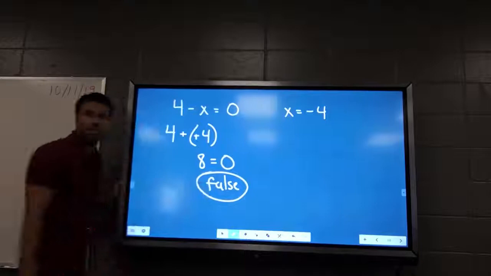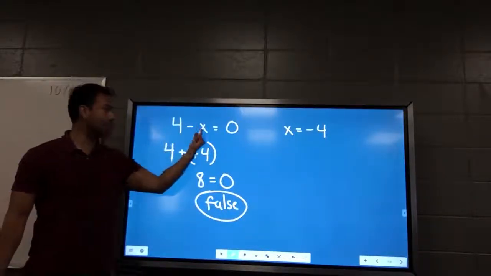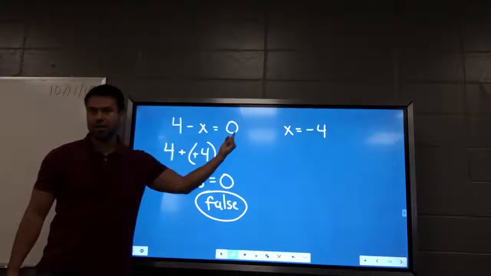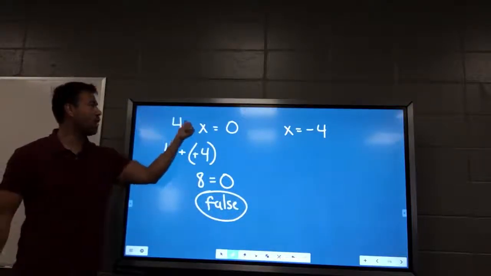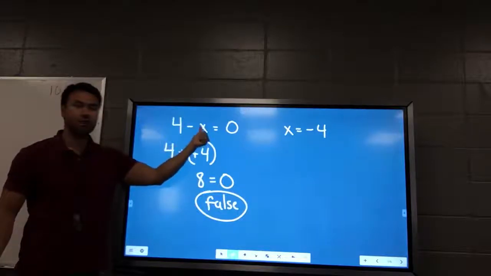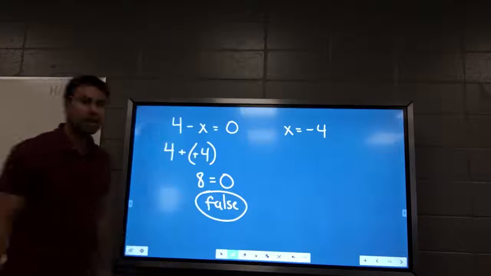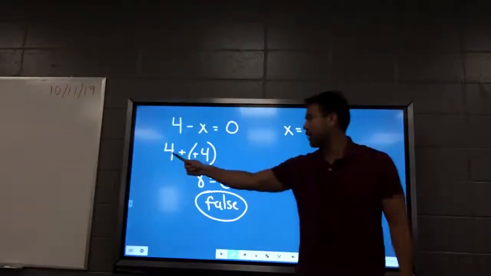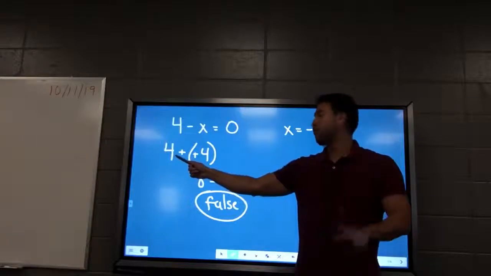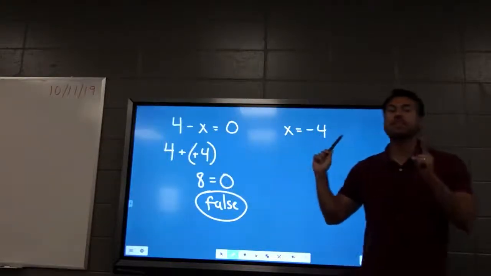And if anyone wants to argue that 4 minus negative 4 equals 0, we could do that all day. But it's not. 4 minus negative 4 is 8. And 8 does not equal 0. That's false. How many of you got false? How many of you were careful not to put 4 minus 4? 4 minus 4 is 0, but that's not what it was saying.